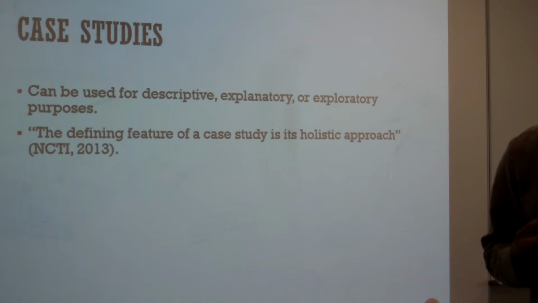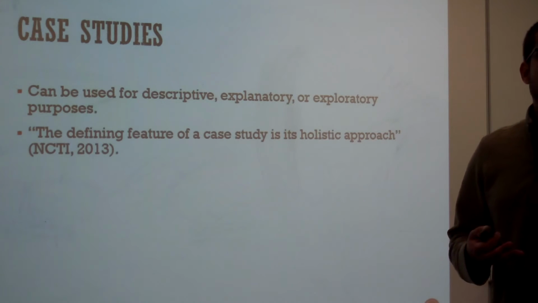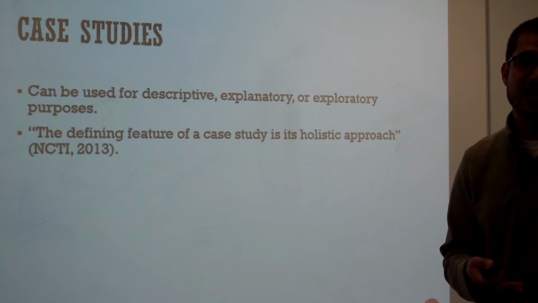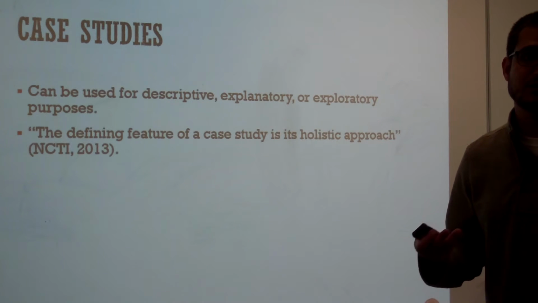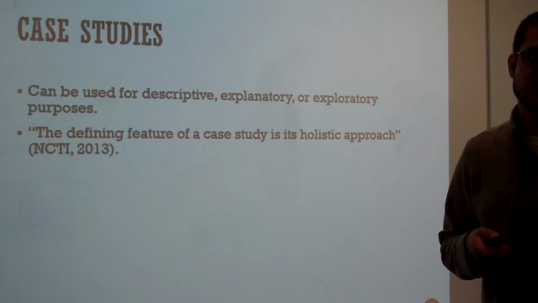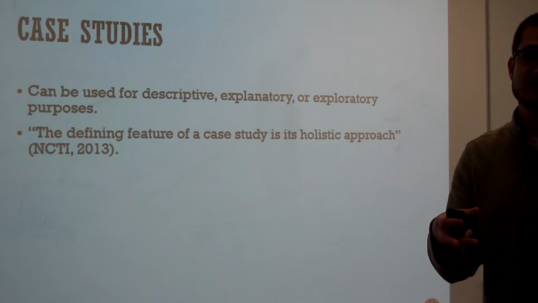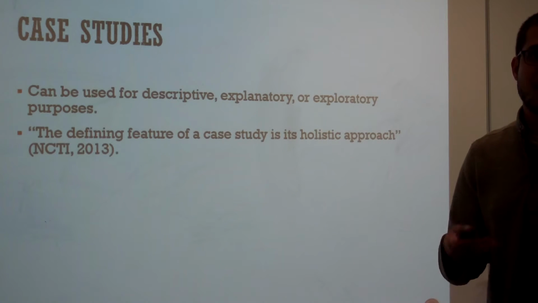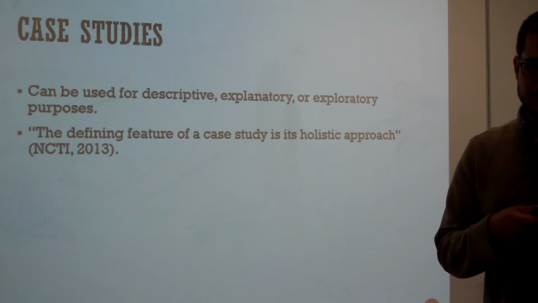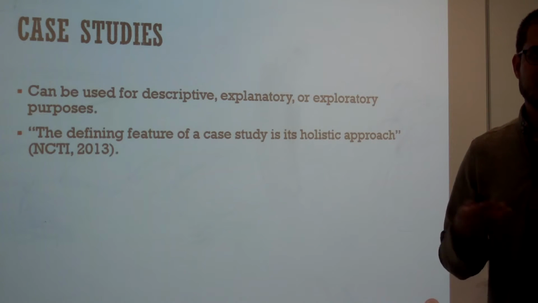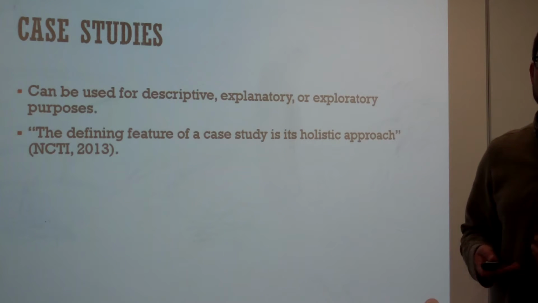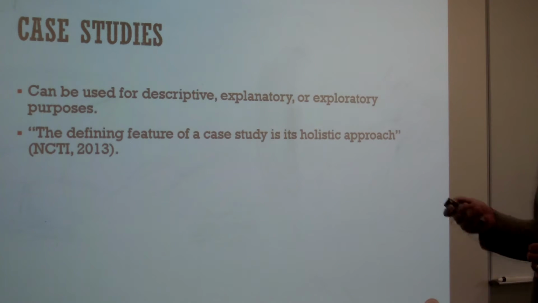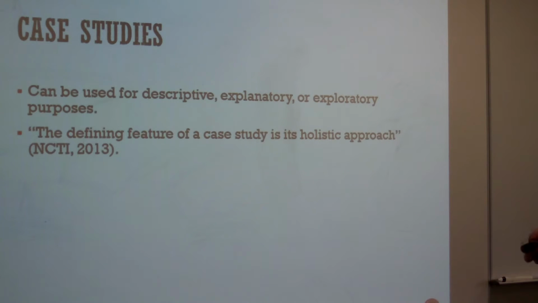For example, if the agency that we've used as an example has a really high success rate for its clients, you can ask the question of why it has such a high success rate. You can do a case study on that agency, trying to understand why this particular agency has such a good success rate, and your study could help other agencies replicate the same processes. That would be explanation, you're explaining why.